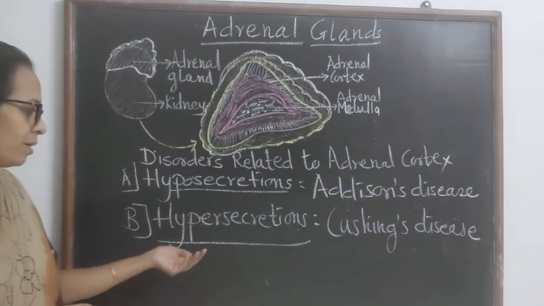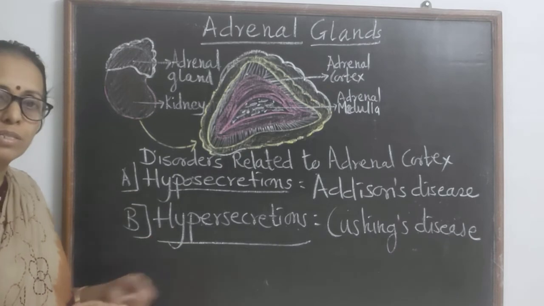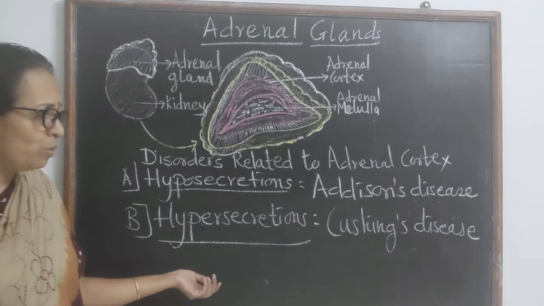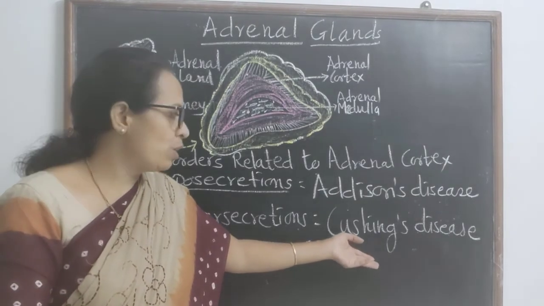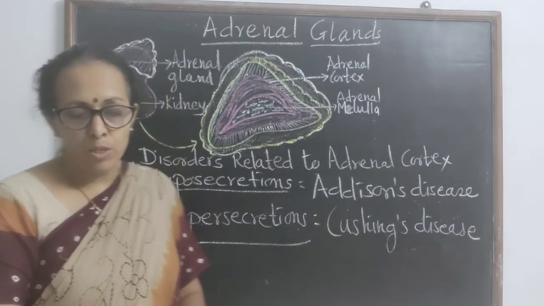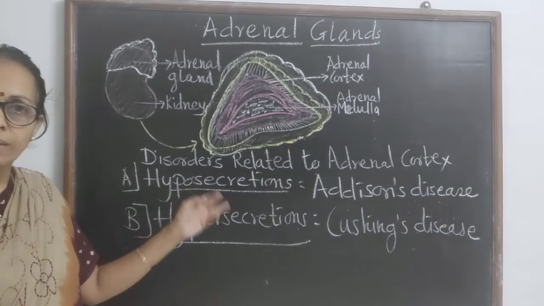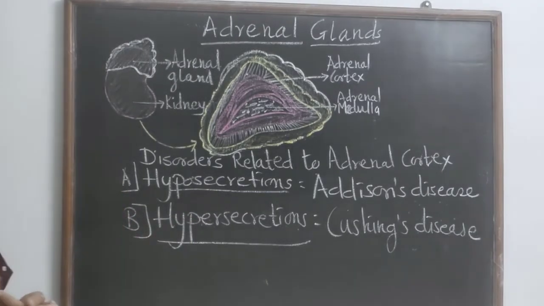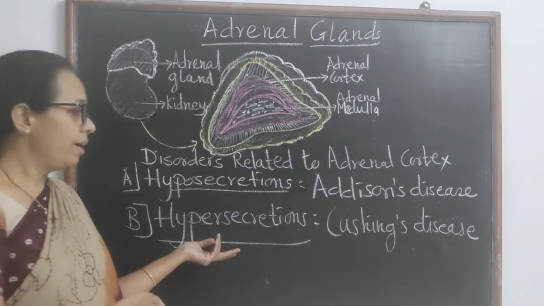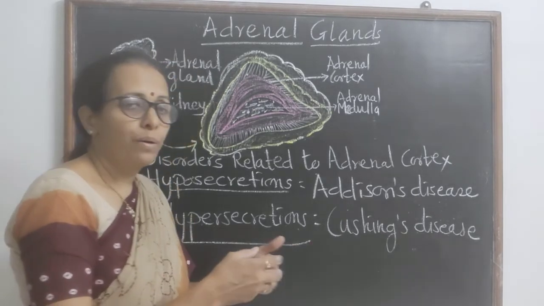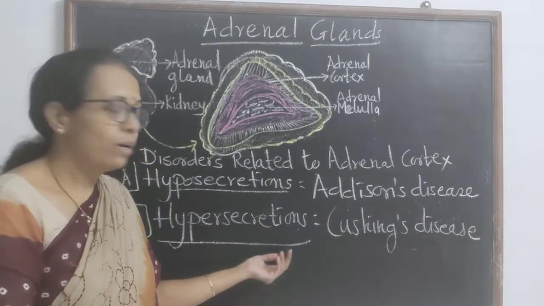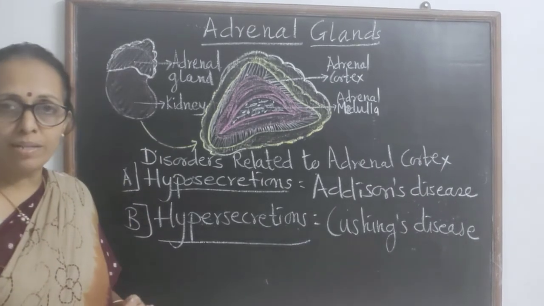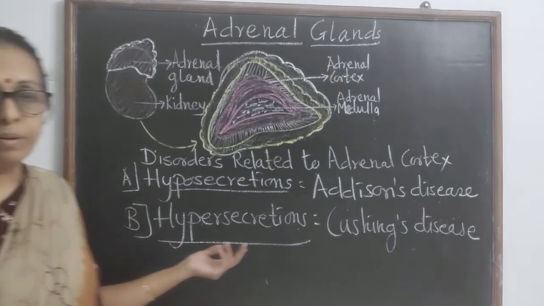Next, the hormonal imbalance due to hypersecretion, that is, oversecretion beyond the normal amount, leads to a disorder which we call Cushing's disease. Exactly opposite to this, the person has more ions in the serum, which leads to more osmotic pressure and obviously high blood pressure or hypertension in such persons, leading to obesity.